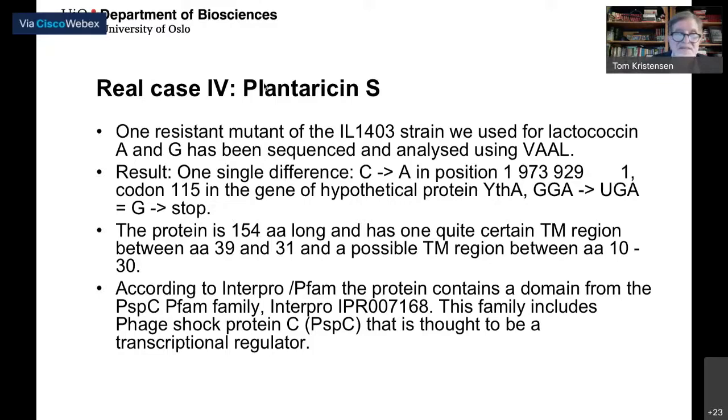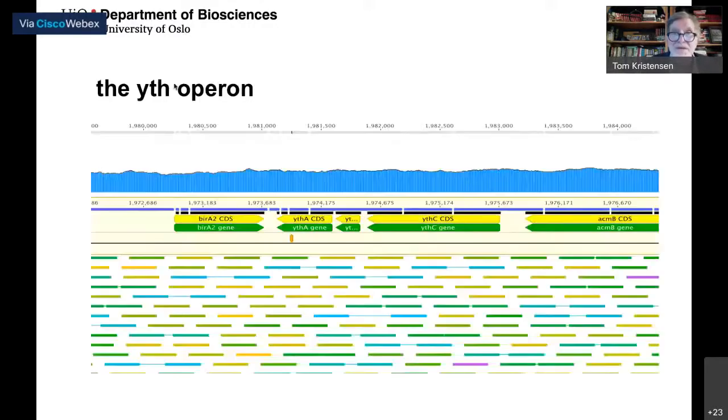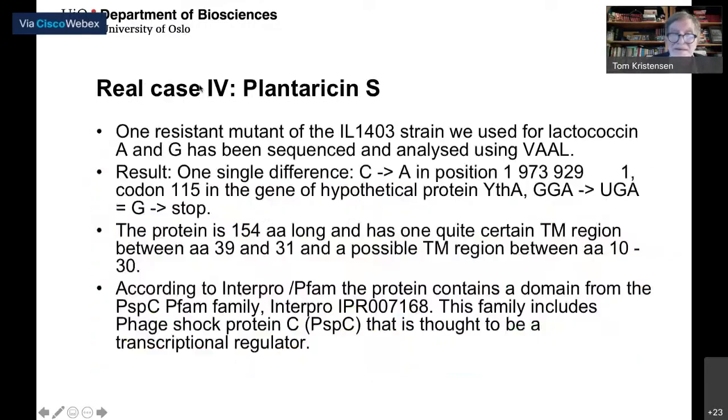The last one I will describe briefly is again a bacteriocin, called plantaricin S, where in the beginning we had managed to get one single resistant mutant from this EL 1403 strain, which was the one where we actually had a database genome, which should simplify or at least reduce the noise somewhat.